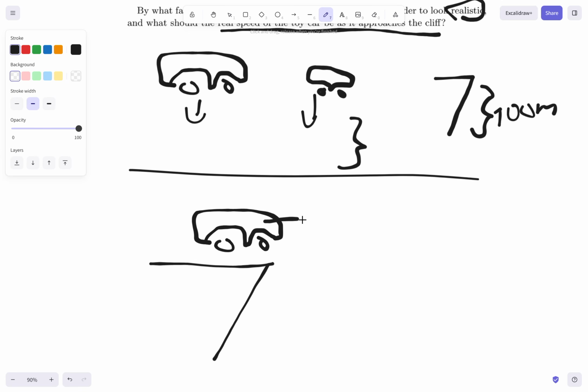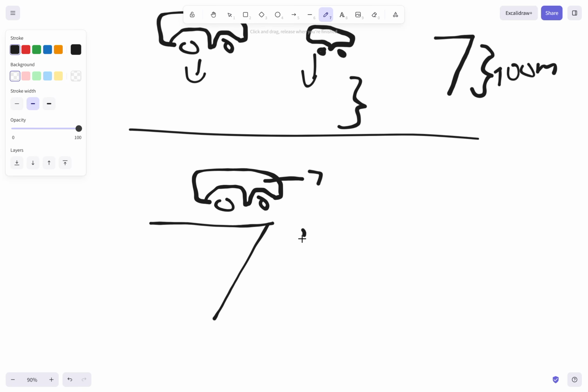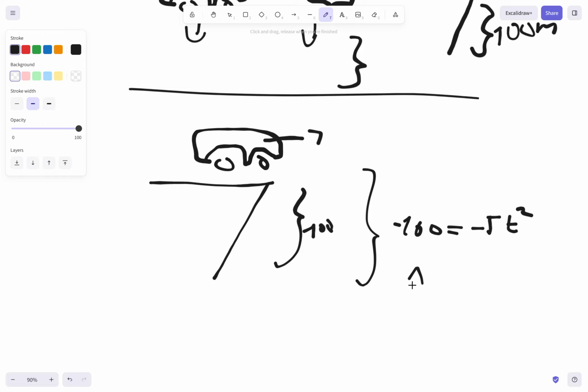So the car jumps off a 100 meter cliff, and the time to reach the bottom comes from 100 = 1/2 (5) t squared, where the change in height is -100 and gravity is -5. So t equals square root of 20.